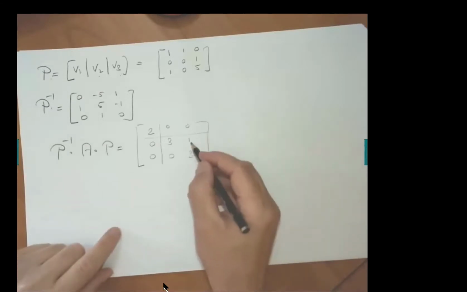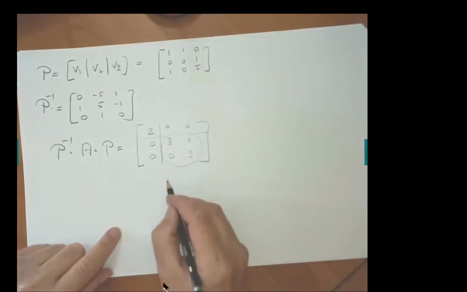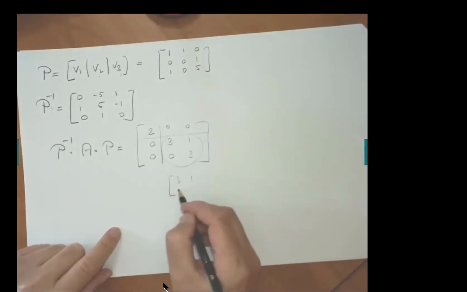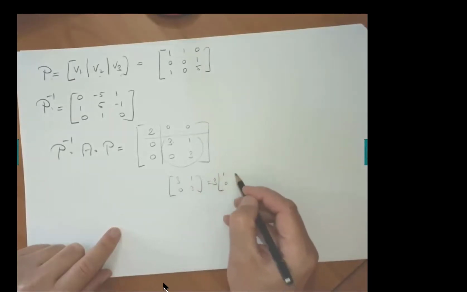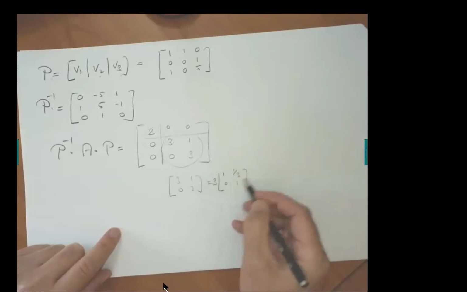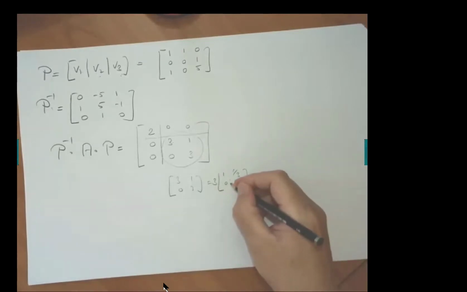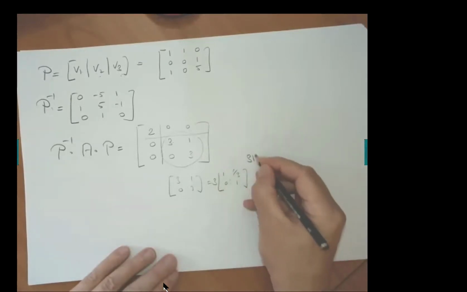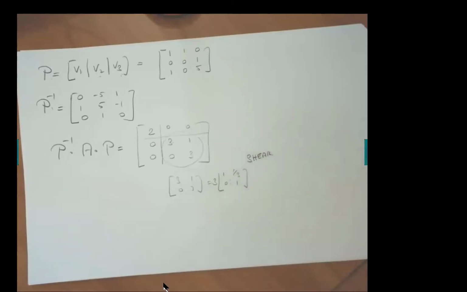So, what can we say? What is this block actually? Keep in mind, this is 3, 1, 0, 3, which can also be written as, I factor the 3, it's 1, 0, 1, 1/3. And it turns out this is not a stretching or a shrinking, this is a shear. So this is a shear matrix.